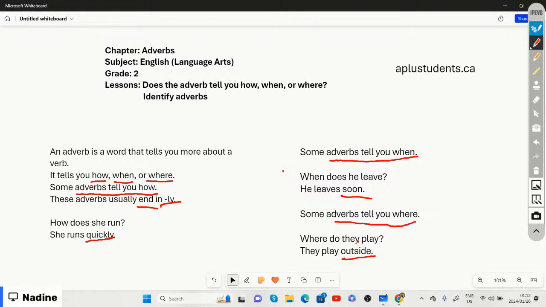So these are basically adverbs, and we see that an adverb is a word that tells you more about the verb. It tells you how, when, or where.